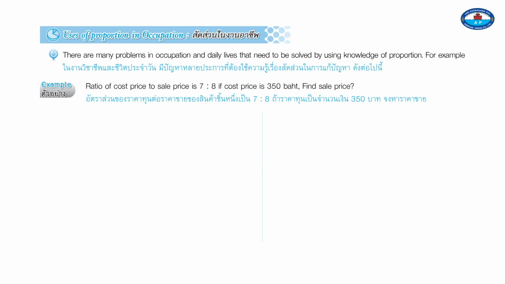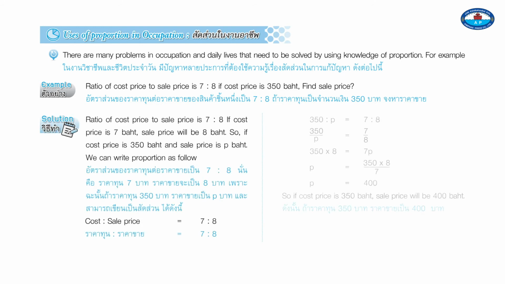find sale price. Solution, ratio of cost price to sale price is 7:8. If cost price is 7 baht, sale price will be 8 baht. So if cost price is 350 baht and sale price is P baht, we can write proportion as follows.